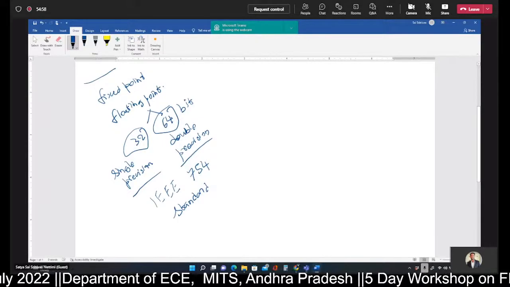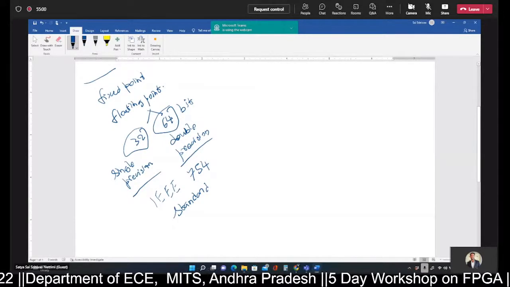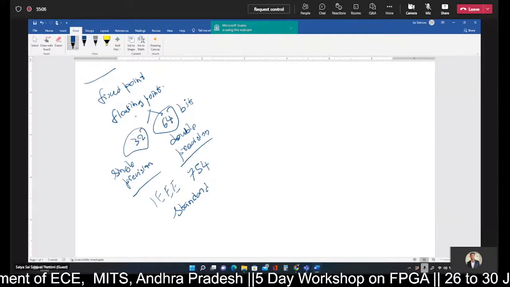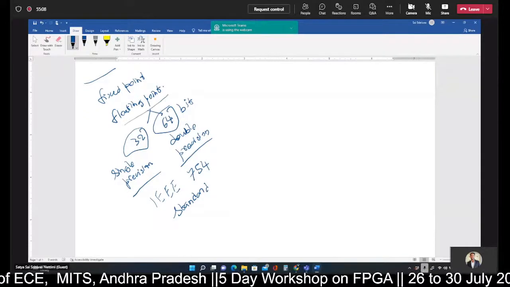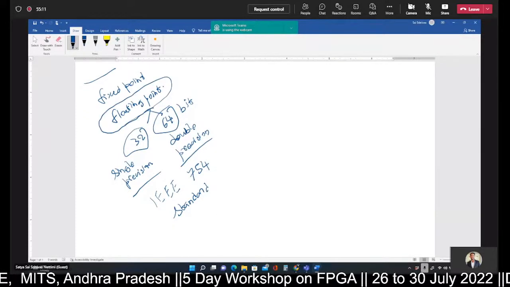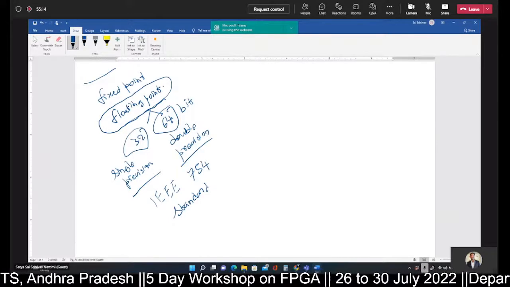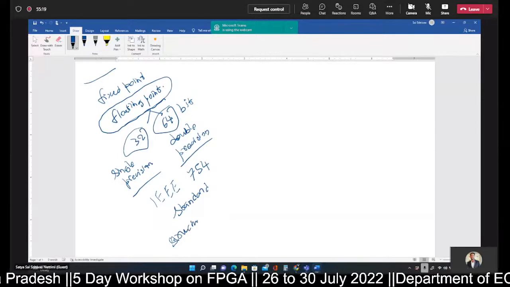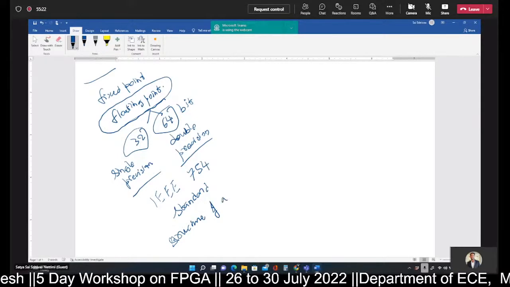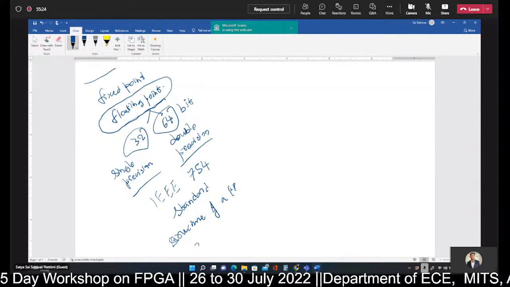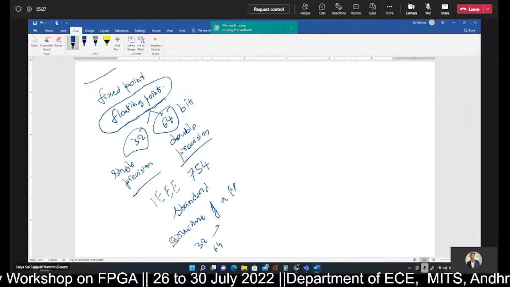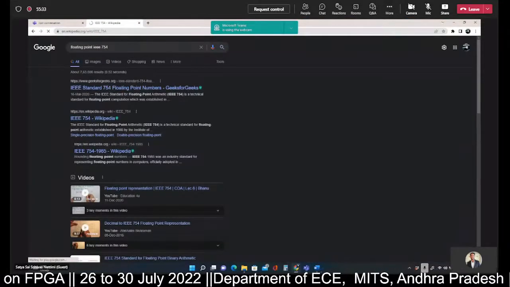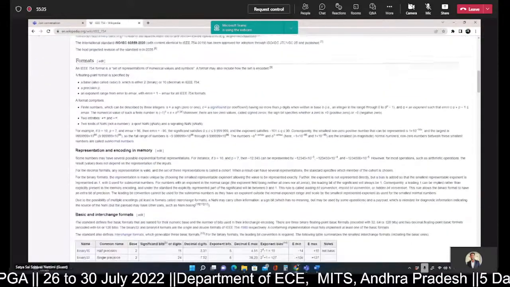In all our modern computer systems, we say it is a 64-bit processor, right? So it has the capability of handling 64-bit floating point values. If you take the structure of a floating point number, whether it is 32-bit or 64-bit, it has a fixed definite structure. So you can just go through some basics over here.